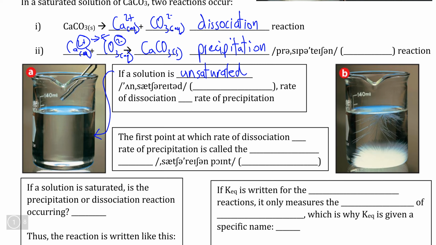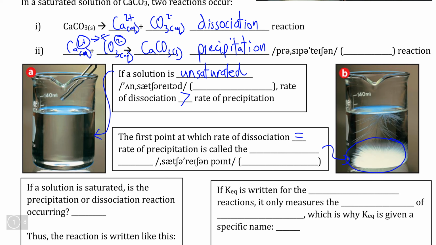If this is the case, we are dealing with what we call an unsaturated solution, meaning that we can dissolve more of each of these ions into the solution. What this means, because we have no precipitate here, is that our precipitation reaction is not happening, meaning that the rate of dissociation must be happening faster than it.